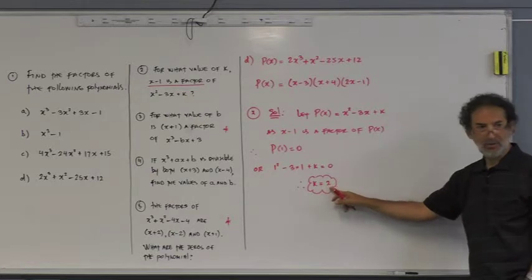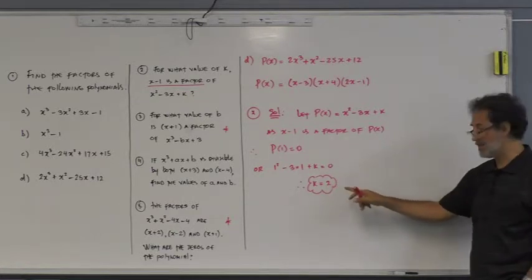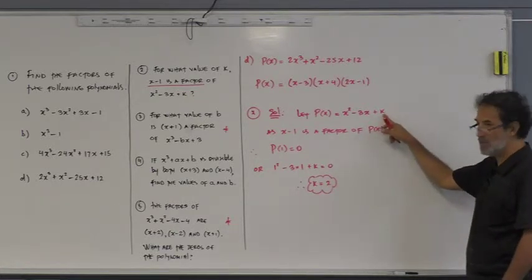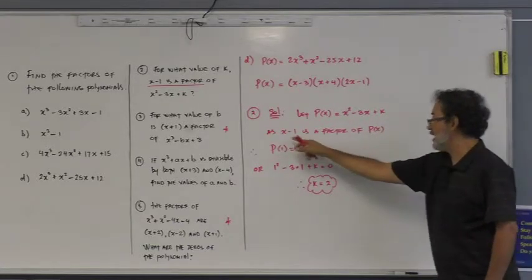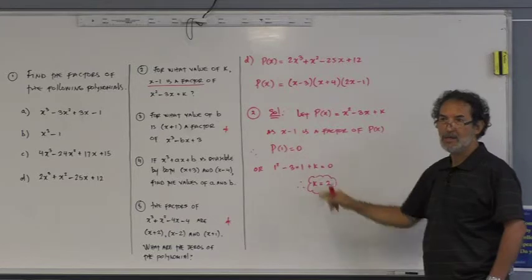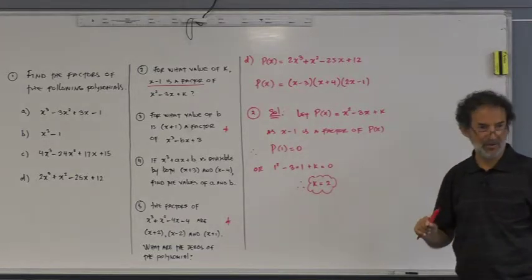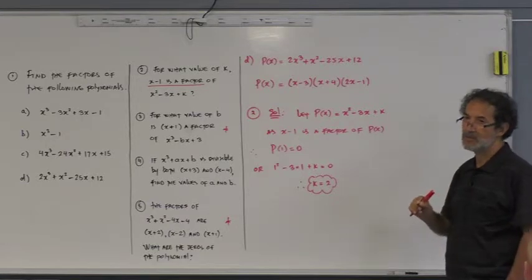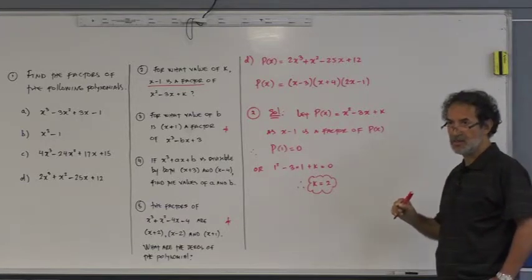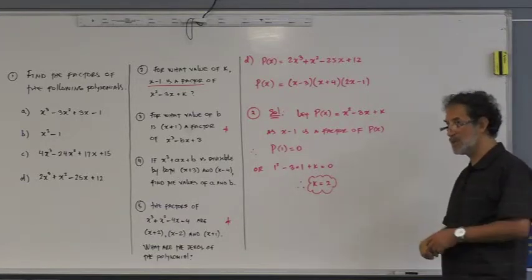K is equal to 2, meaning that if you substitute 2 in here, and then you divide this by x minus 1, the remainder has to be equal to 0. That's what I'm saying. You have to put things into context. You have to develop your logical thinking.